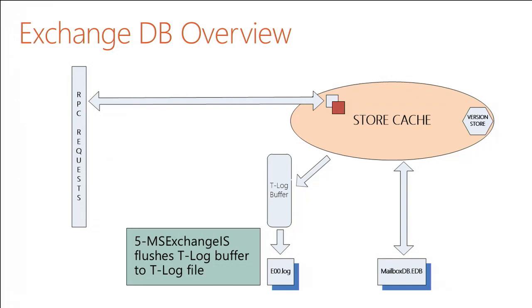Because if my transaction buffer gets full and I cannot flush, what happens? All the pages that I'm touching stall, because here I'm just showing one request, but there are a lot of requests happening every time. And how many requests can we have on Exchange 2007, 2010, 2013? The RPC request queue, what's the biggest?